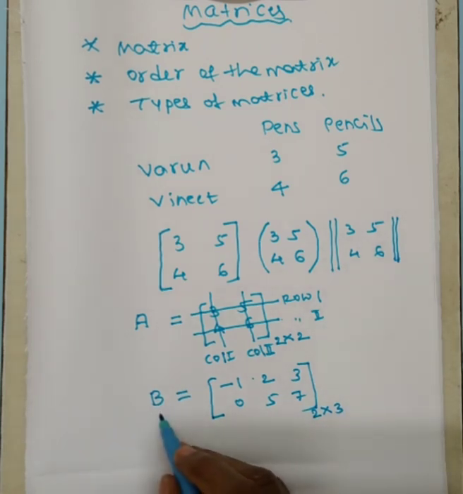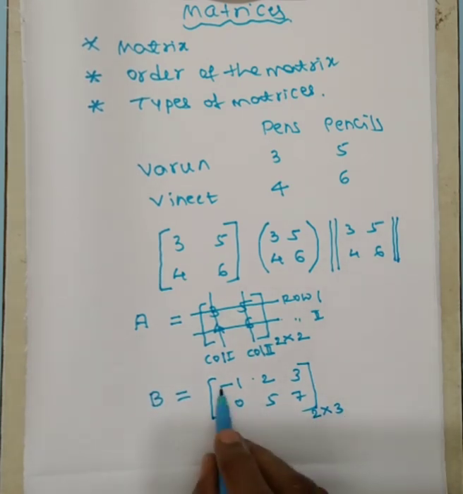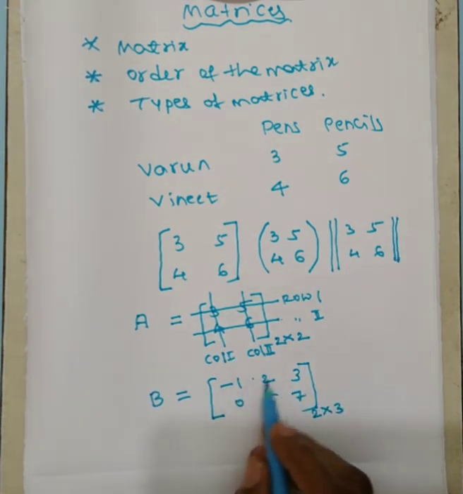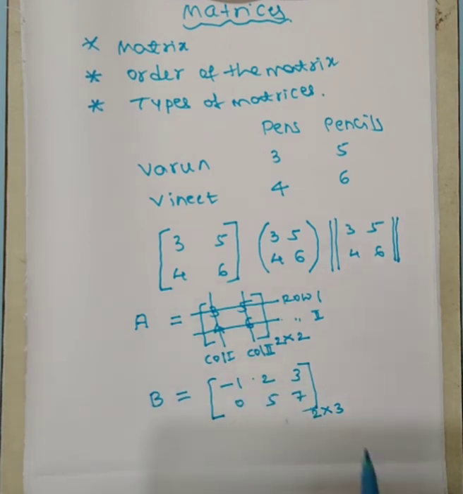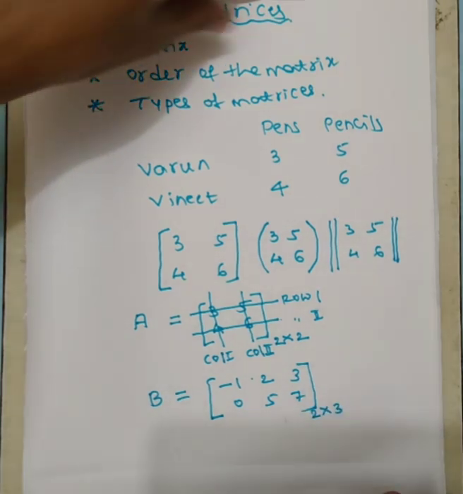Therefore the order of this matrix is 2 by 3 because there are 2 rows and 3 columns. The elements of this matrix are -1, 2, 3, 0, 5 and 7. So 2 by 3 is the order of the matrix B. Now let us take one more example.